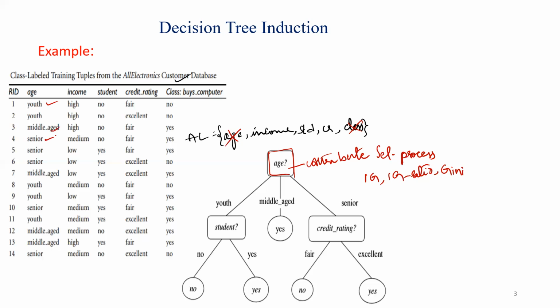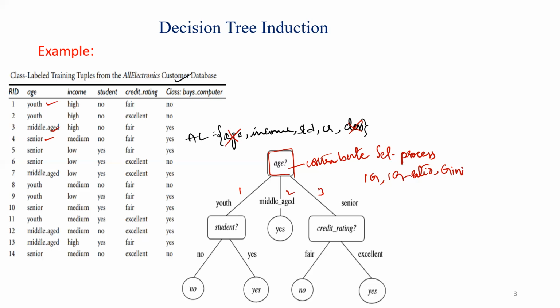Based on the number of types of values present for that particular attribute, the next level of the tree is going to be constructed. Since it consists of three values, we can make three branches from the node age. This is the first branch, this is the second branch and this is the third branch.